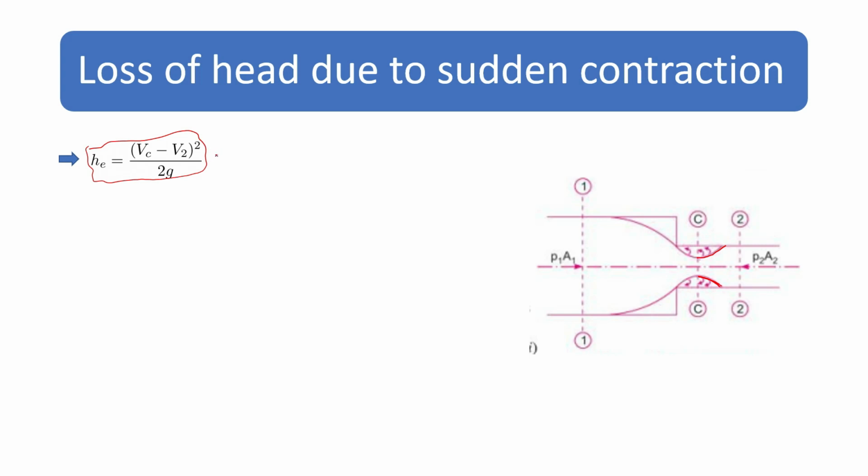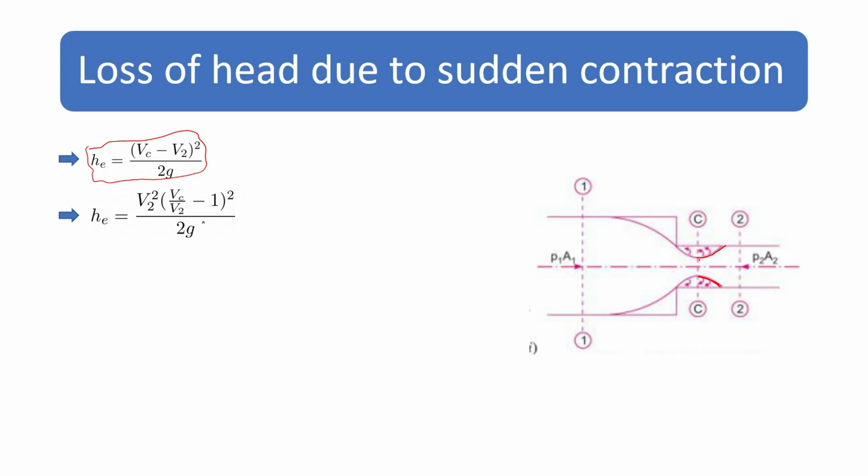So sudden enlargement occurs from this vena contracta region, that is C, to the region 2. So it can be written as (Vc minus V2) the whole square by 2g. But you don't know the velocity at Vc to calculate the head loss. So V2 square, if taken outside, you can write it as V2 square into (Vc by V2 minus 1) the whole square by 2g.